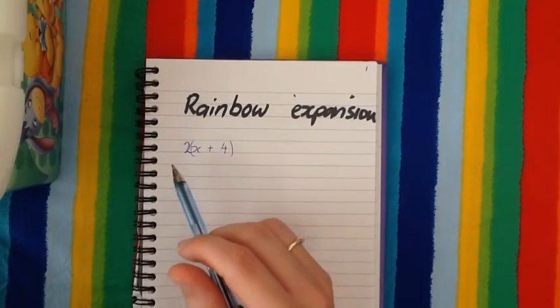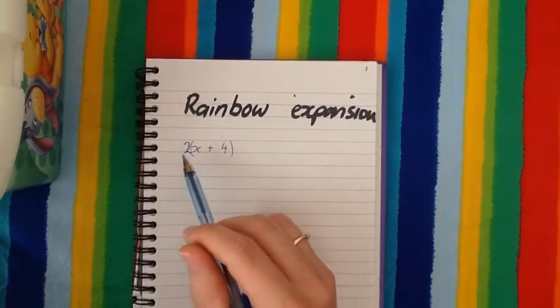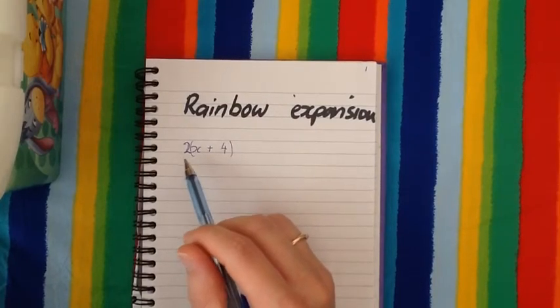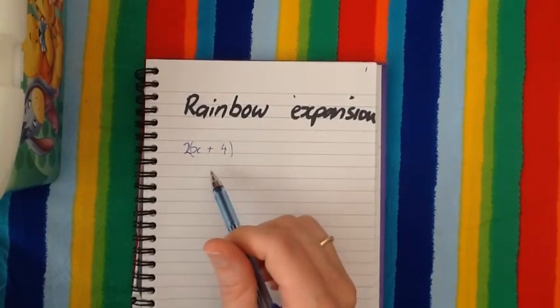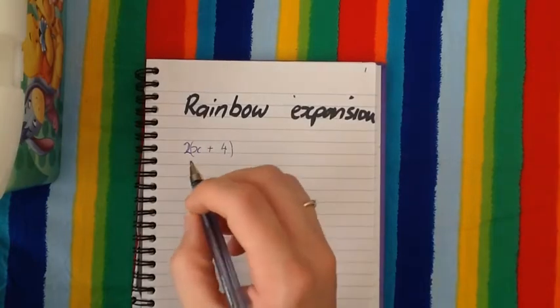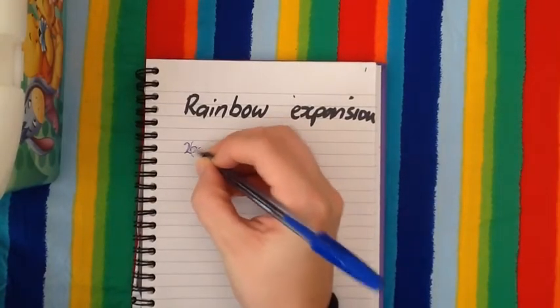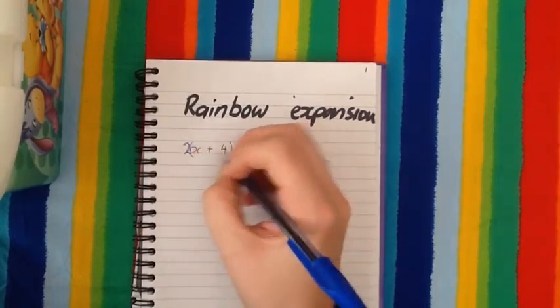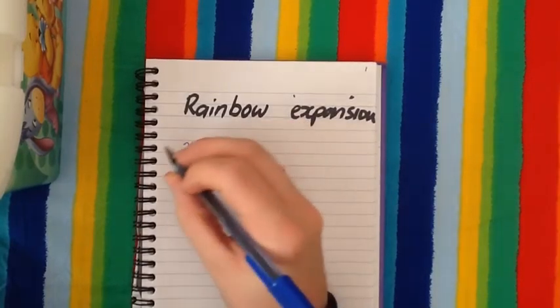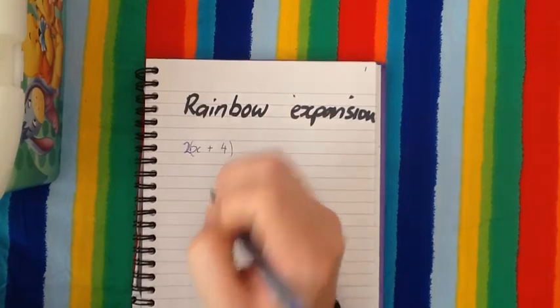What if we use the distributive law, however? It tells us how we can deal with the brackets and turn it into the expanded form. Remember, there's an imaginary multiply in between the 2 and the brackets. So what this actually means is that everything in the brackets needs to be multiplied by the 2.